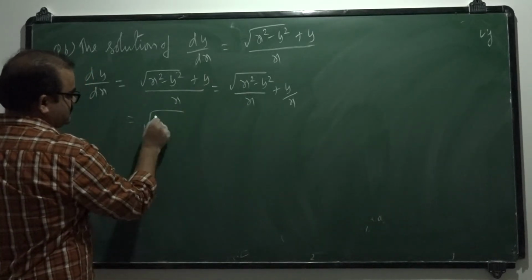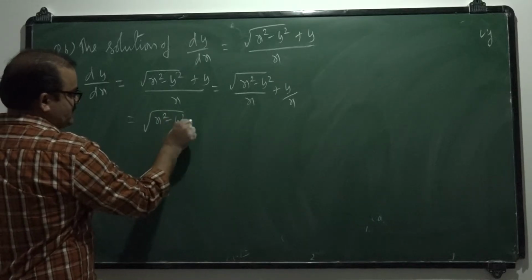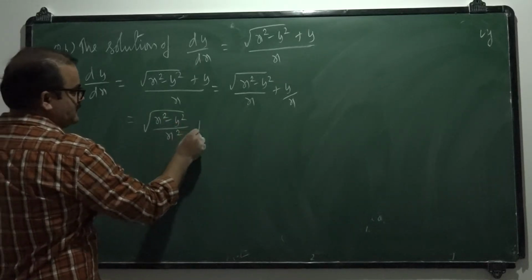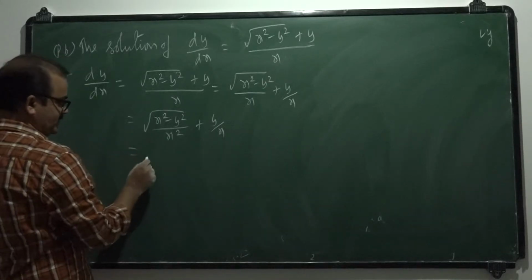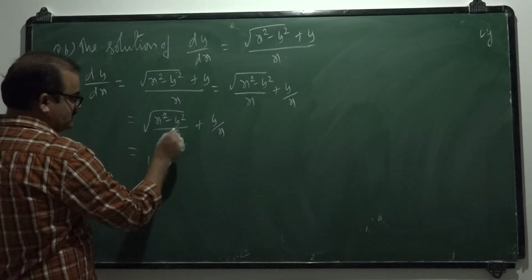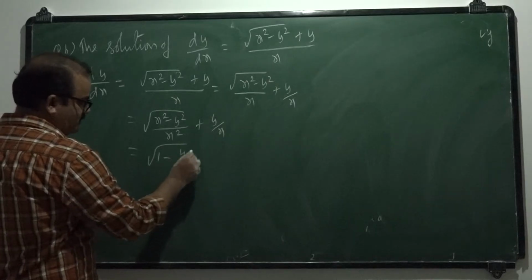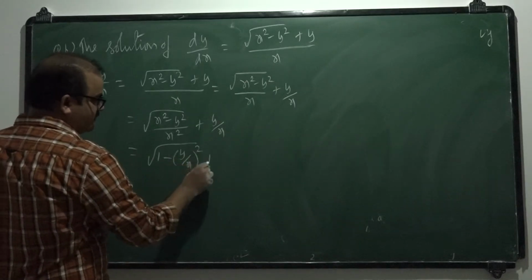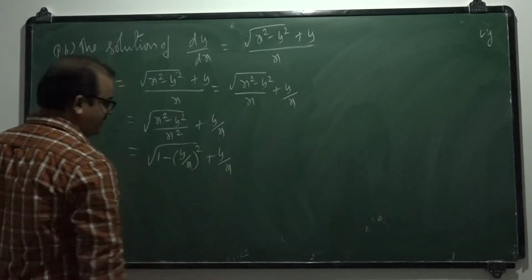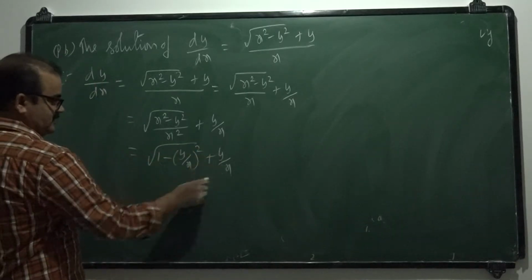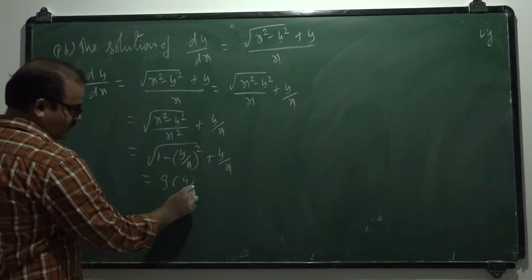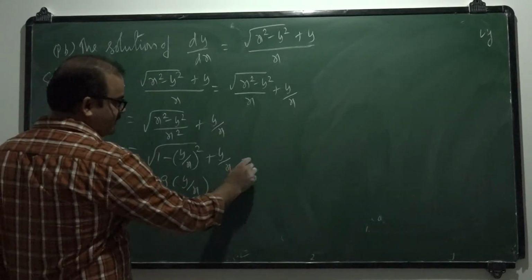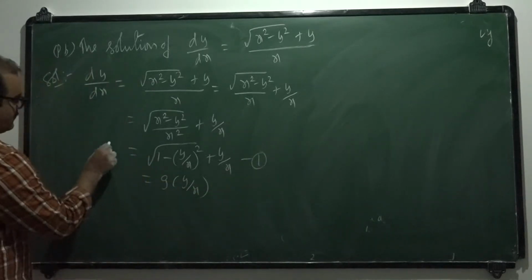It becomes square root of (x square minus y square) by x square, plus y by x. Divide separately. We get square root of 1 minus y square by x square, or y by x whole square, plus y by x. Clearly it is a function in terms of y by x. Let it be equation 1.